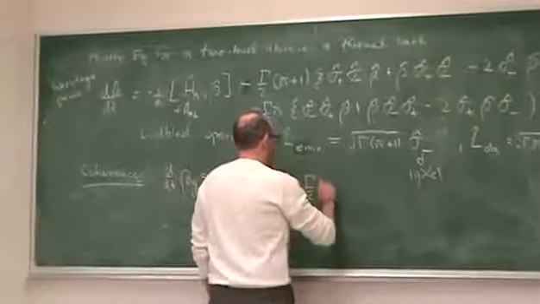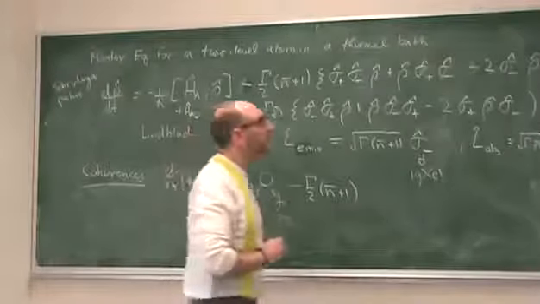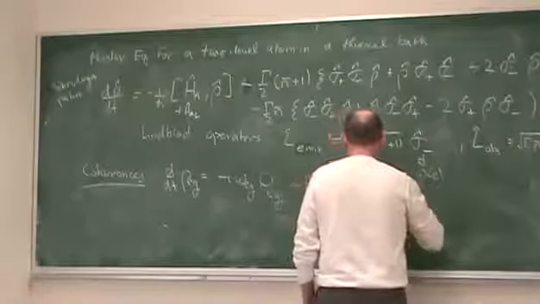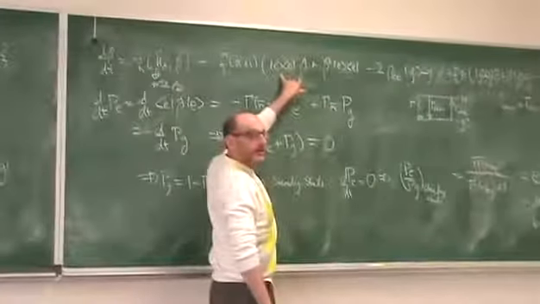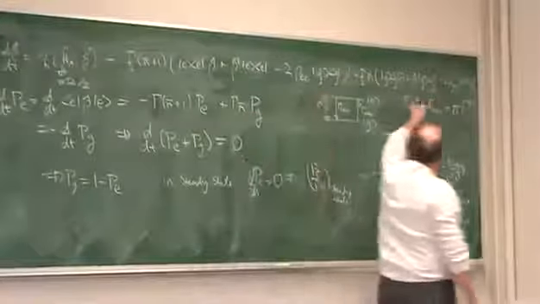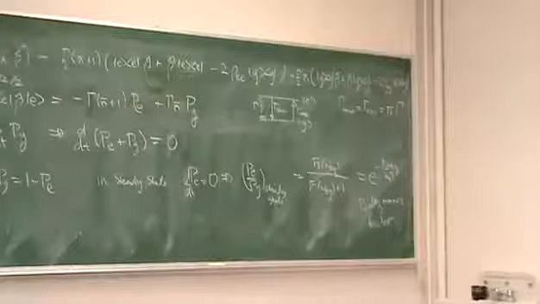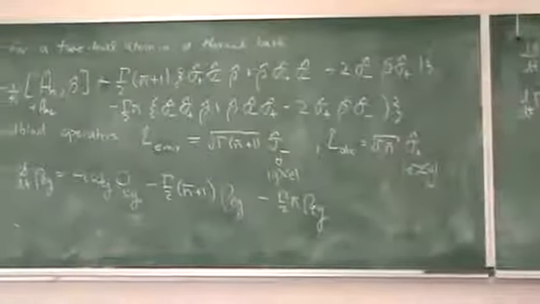minus a half gamma (n bar plus 1) times rho_eg. That's from the first term over here. This term contributes nothing. And then we have this term, minus a half gamma n bar rho_eg again.